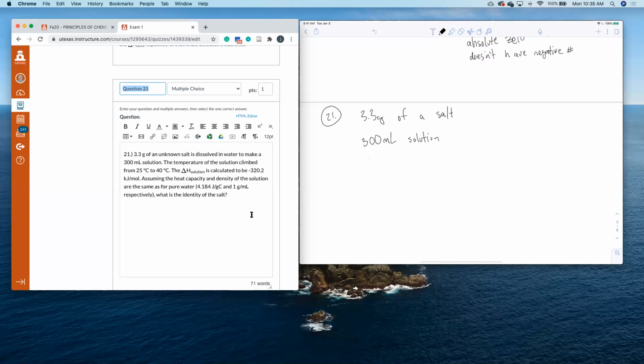So we've got delta T, and then we have delta H solution.